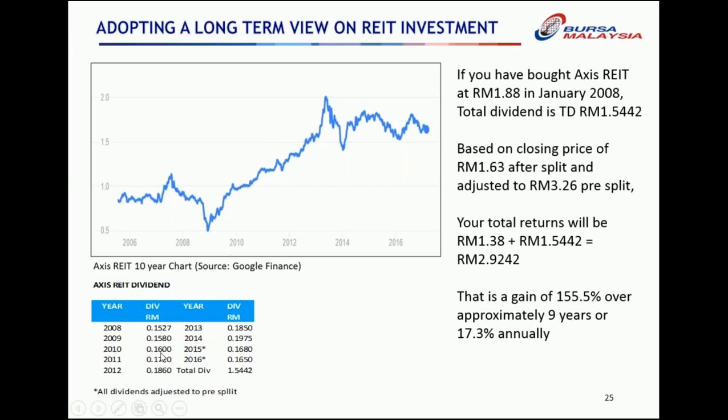You can see that 2010 was higher than 2009, 2011 higher than 2010, and 2012 was higher than 2011. Can you imagine that what you bought in 2009 at 1 ringgit, by 2012 gives you a dividend of 18.6%? The dividend yield has suddenly skyrocketed to 18.6%.